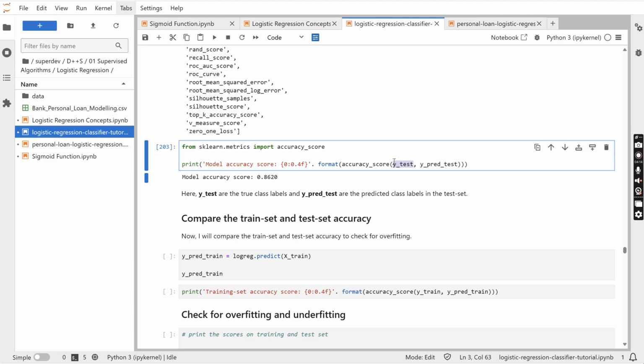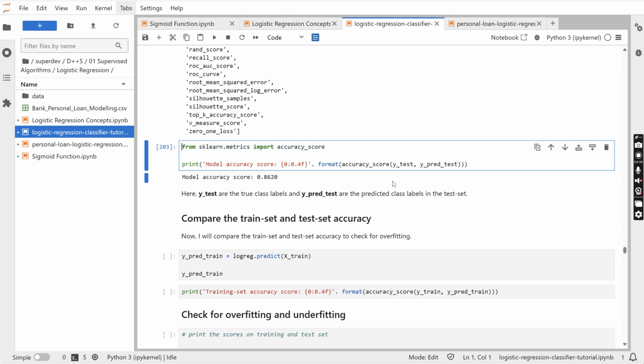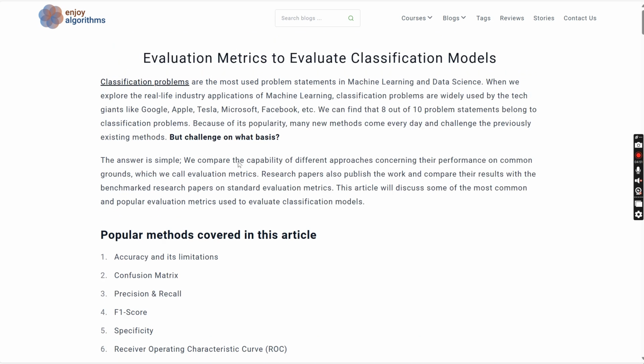Because most of them were yes in the training data set, the model has understood the pattern as yes. So the model now is kind of biased towards yes answers. So whatever result accuracy score gives will be inaccurate if the data set was imbalanced. So we should not consider accuracy score for an imbalanced data set. It is applicable only for a balanced data set. That is one of the limitations of accuracy.